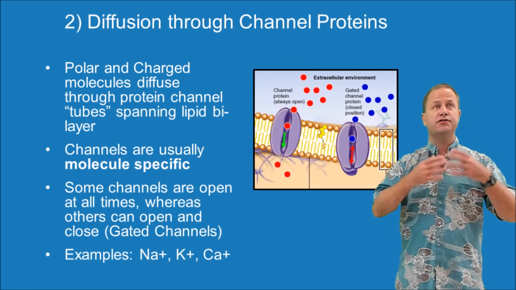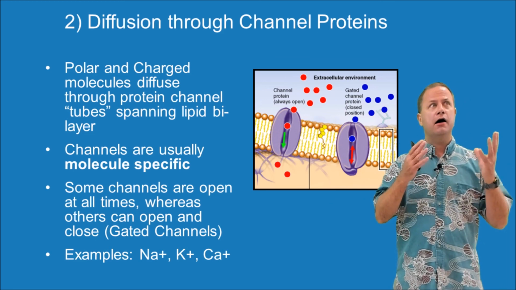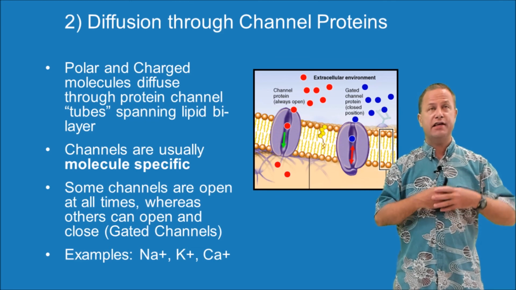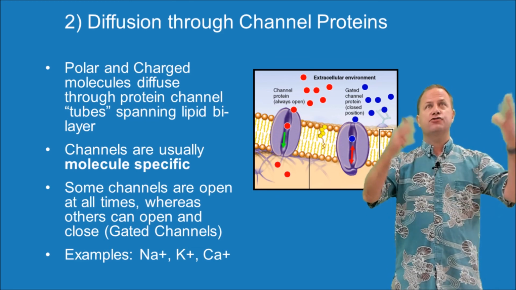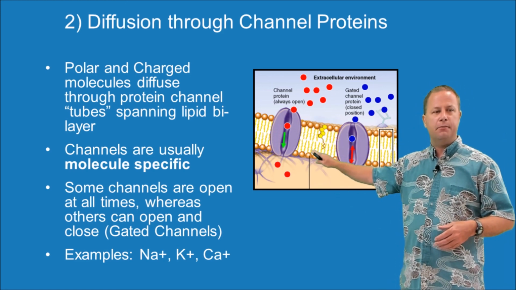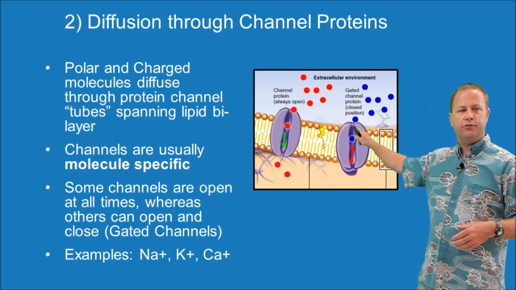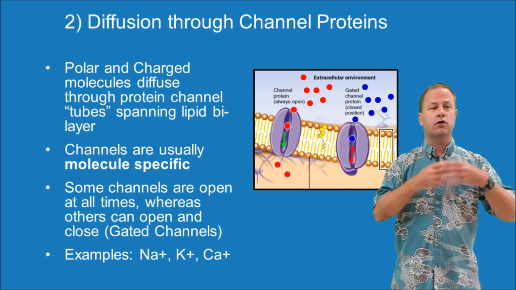Another way that things can move across the cell membrane is via protein channels. These protein channels are especially important for things that are ions. Remember, ions are essentially atoms that have a charge because they've either given up or received extra electrons. And because they have a charge, they attract water towards them, and they won't be able to cross this hydrophobic bilayer right there, but they can go through these channels. And these channels are generally molecule or ion specific.